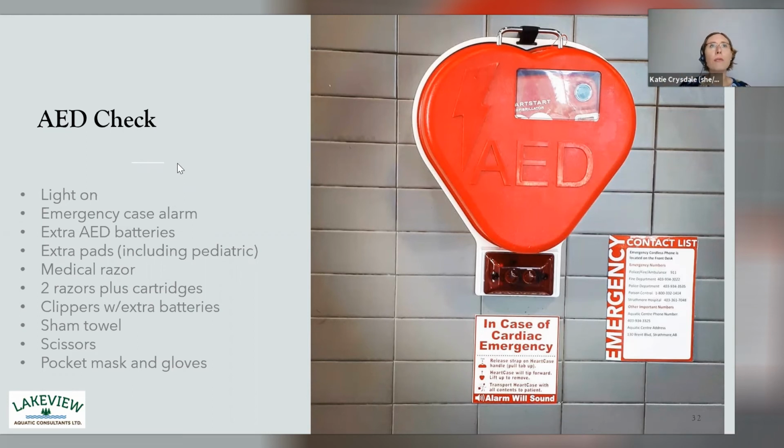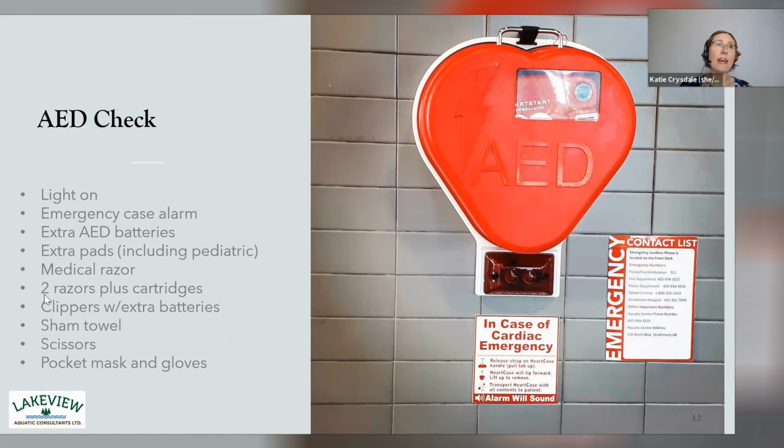You can buy a sleeve of medical razors, like 20 for 20 bucks. It's very easy. Based on that one experience for myself personally, we've always stocked extra razors. The medical ones do not have shields. So if you are not comfortable with your staff using that in an emergency, then you can go with multiple razors.